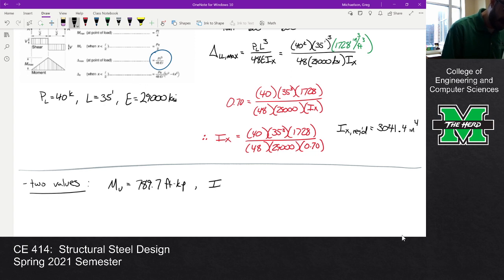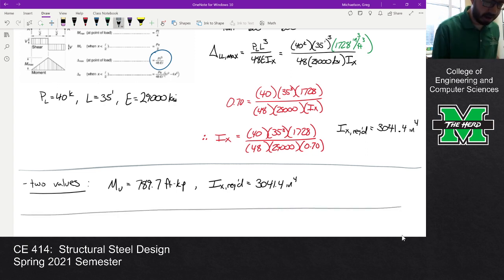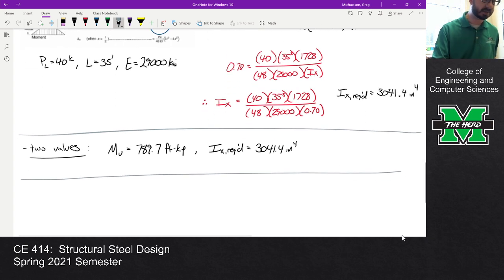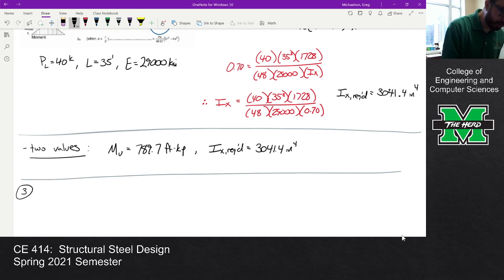And IX required is 3041.4 inches to the fourth. I swear that's probably the hardest part, getting to that point for this whole process. All right. Now here's what I want you to do. I want you to select a trial section.